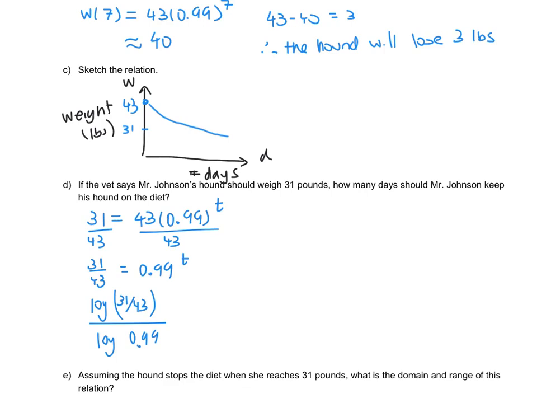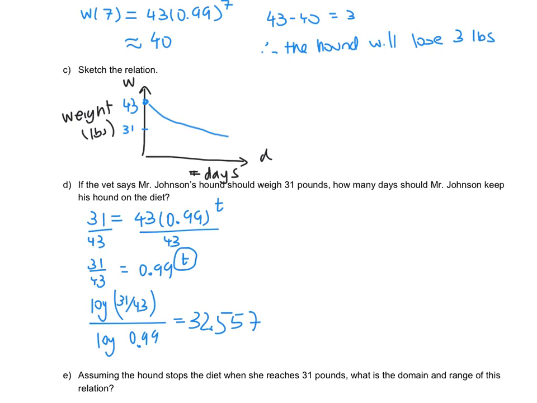And whatever you get here, that's what your other exponent will get set equal to. So if you do that, you get 32.557. So that means 0.99 to the power of 32.557 will give you that 31 over 43.